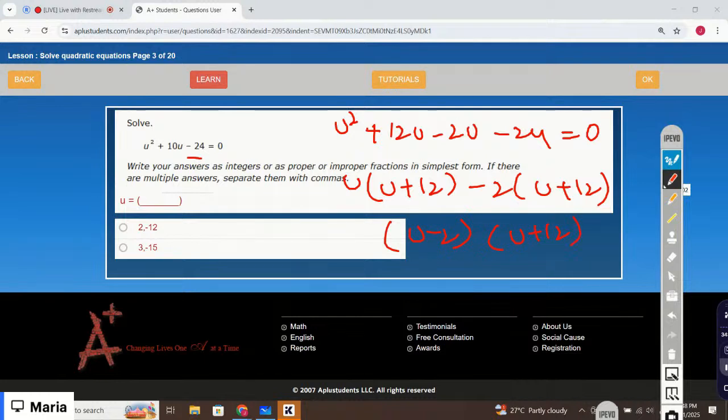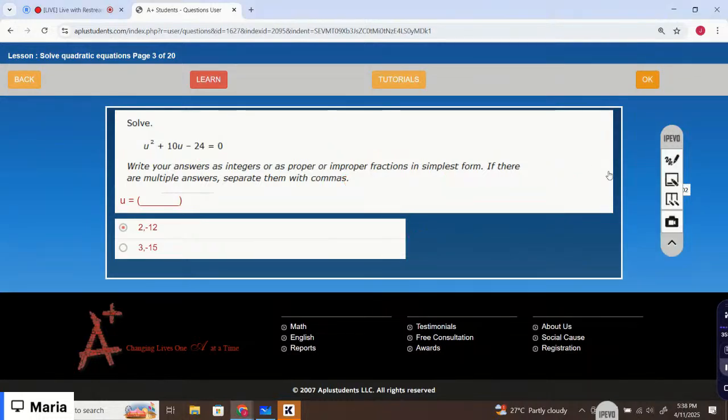So which is the correct option? Option number 1 is the correct option, that is 2 and negative 12.